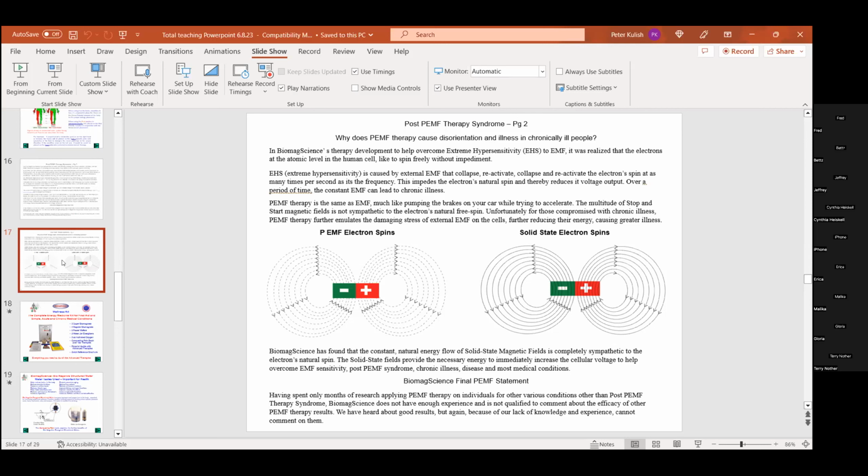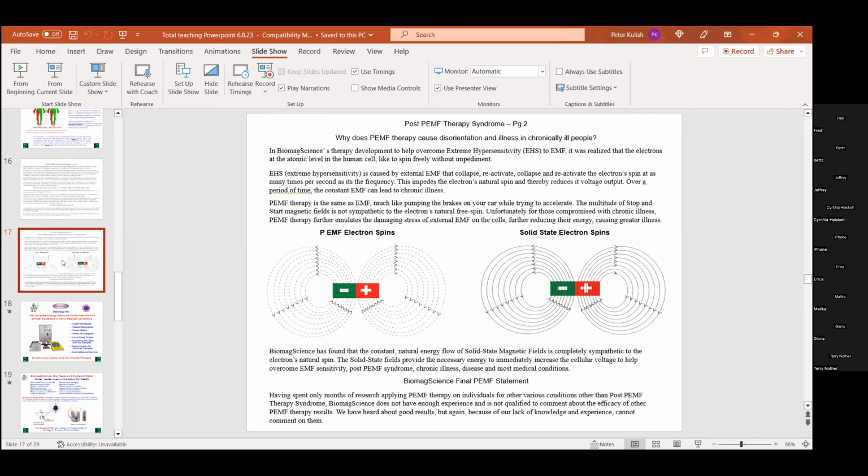And it appears that those people are not at the low end in a compromised state, but have the reservoir to heal. And the PEMF helps them stimulate healing.